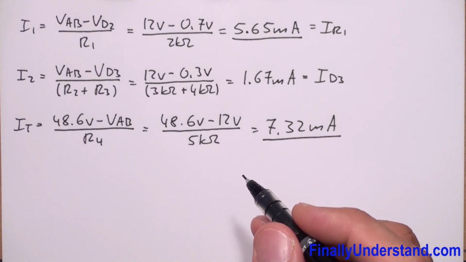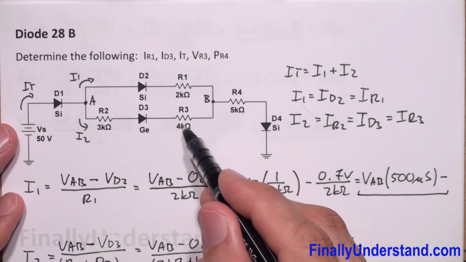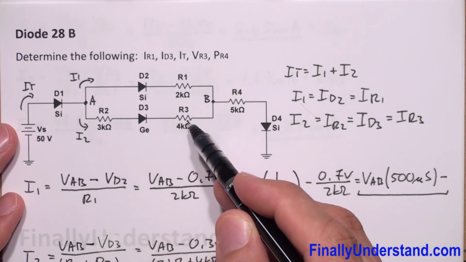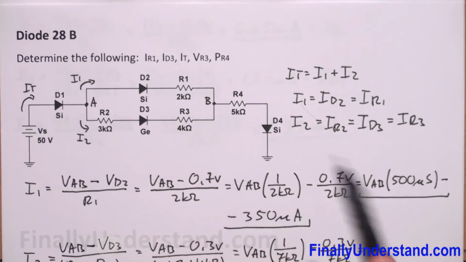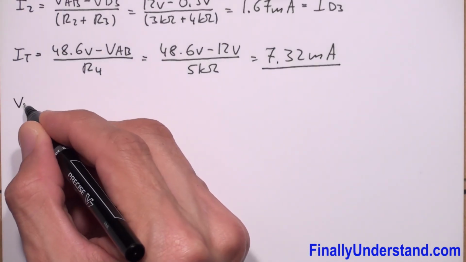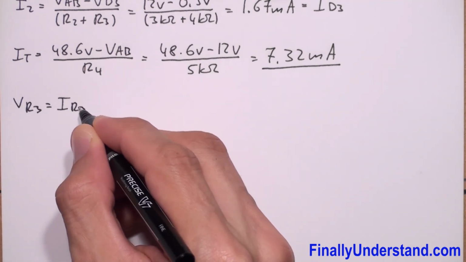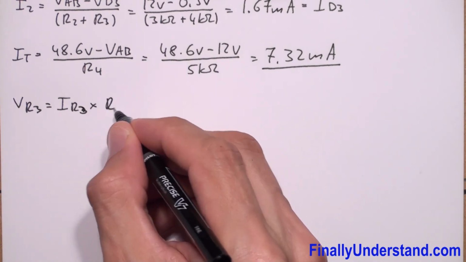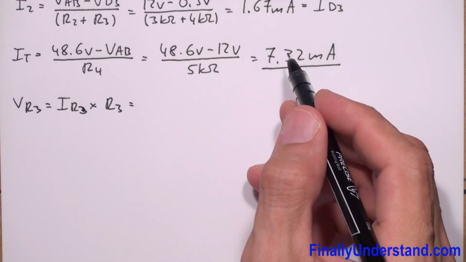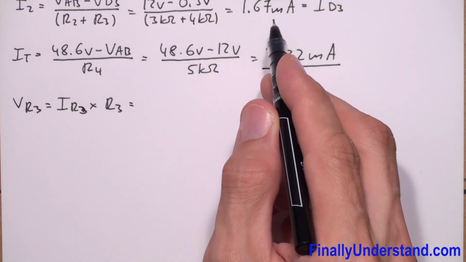Next, we're supposed to find the voltage across resistor R3. So VR3 is going to be equal to the current which goes through this resistor times the resistance of this resistor. So let's write the formula first, like always. VR3 is equal to IR3 times R3. IR3 we said is equal to I2, and this is equal to 1.67 milliamps.